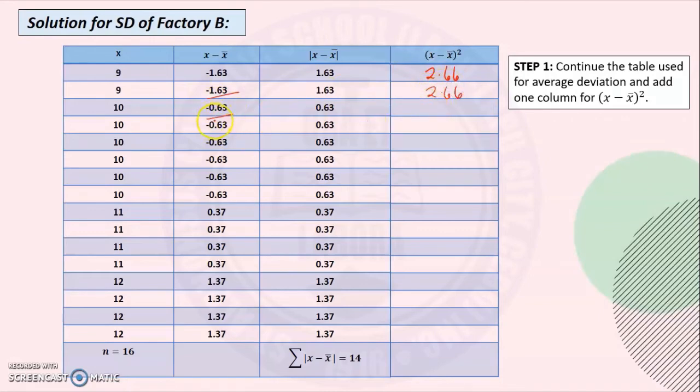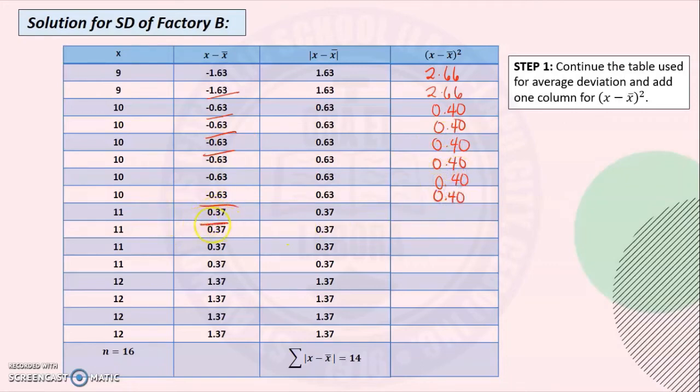Now, 0 or negative 0.63 squared, the answer is 0.40, still 0.40.